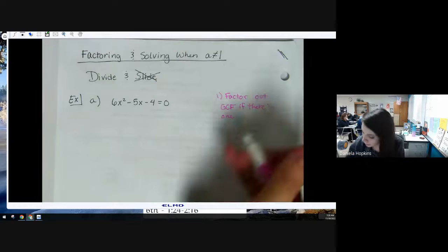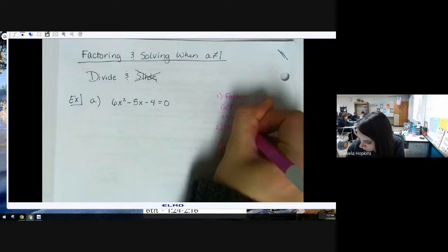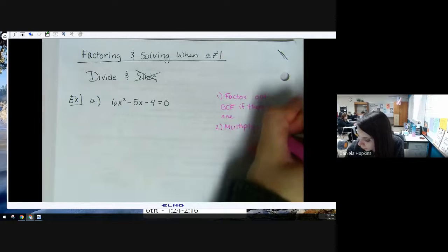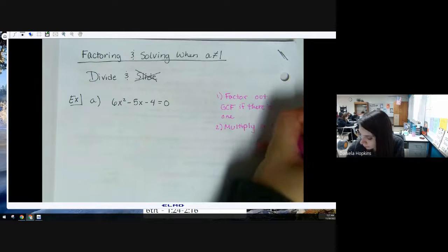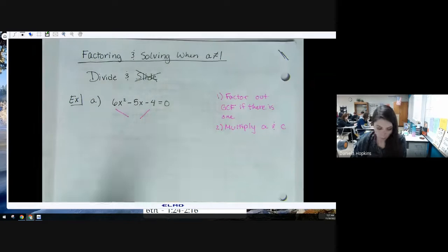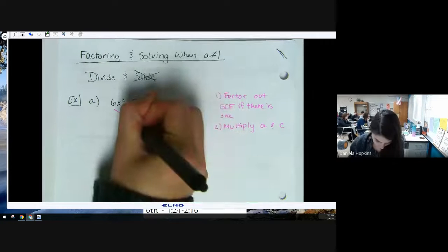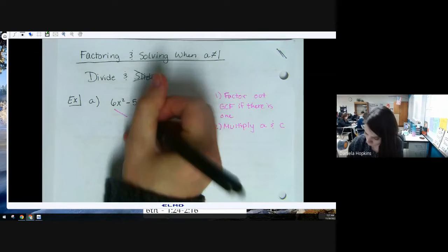So your second step then is still to multiply that first and last term. So multiply A and C, like I showed you yesterday. What's 6 times negative 4? Negative 24.